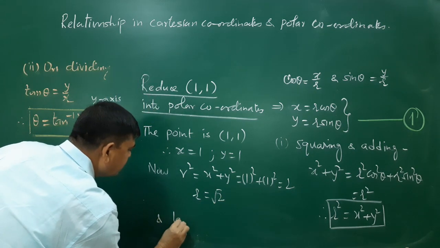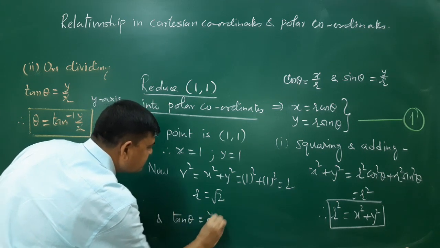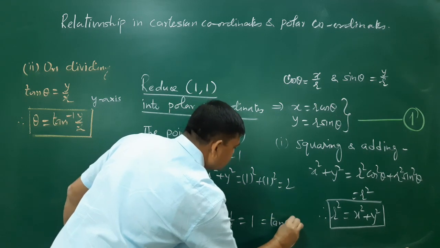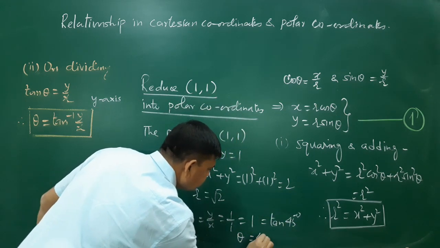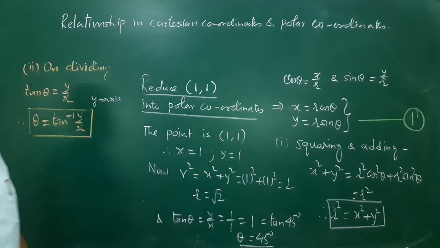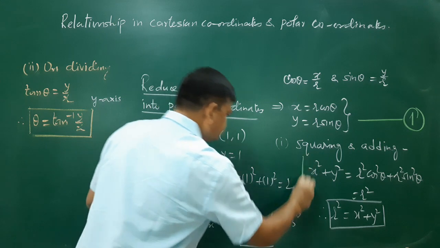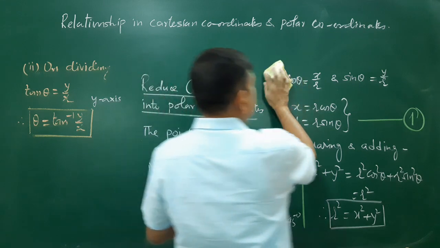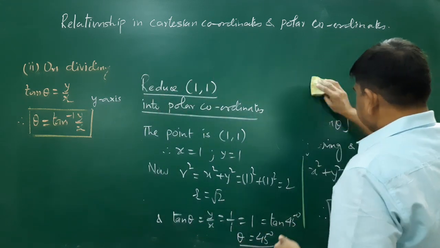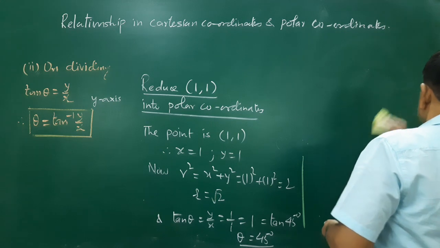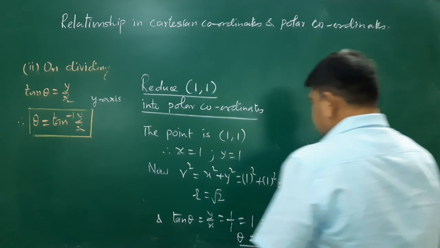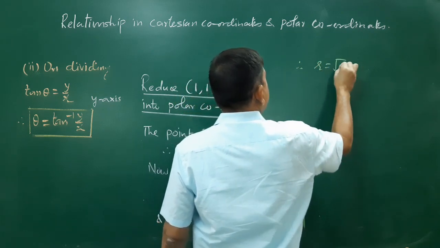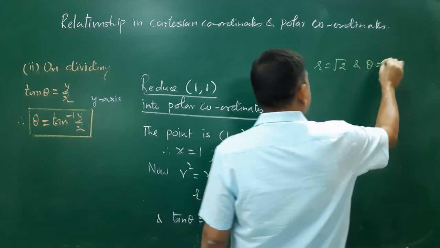And tan theta is y upon x, so it is 1 upon 1, that is 1. So this is tan 45 degrees. So theta is 45 degrees. Therefore, r is root 2 and theta is 45 degrees.